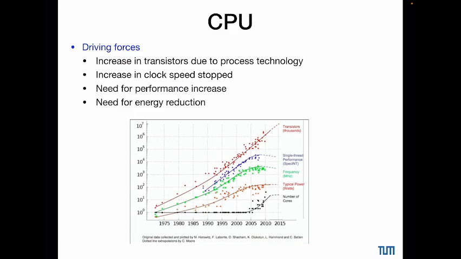You can see in this graph here that we have this increase in transistors due to the process technology as I discussed. This is over the years here, so it basically keeps increasing. You have more and more transistors on the CPU.